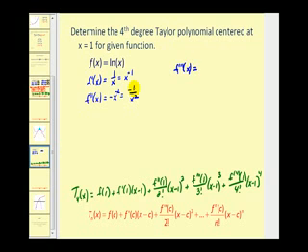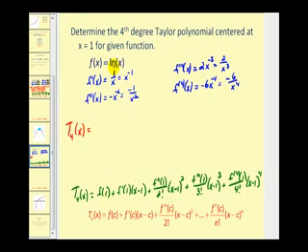The third derivative would be the derivative of this, which would be positive 2 x to the negative 3. And the fourth derivative would be negative 6 x to the negative 4, which would be negative 6 over x to the fourth. Let's go and see if we can find our Taylor polynomial.